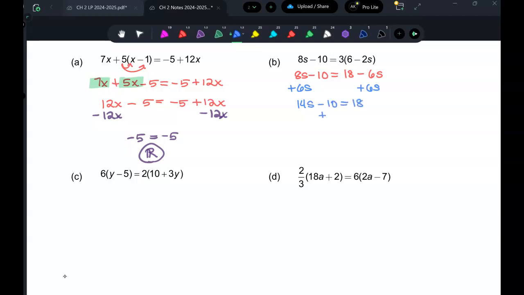Plus 10 on both sides, you get 14s equals 28, and then divide by 14 on each side, and s equals 2. Good. So this time the variables did not disappear, which means we're going to have one answer.